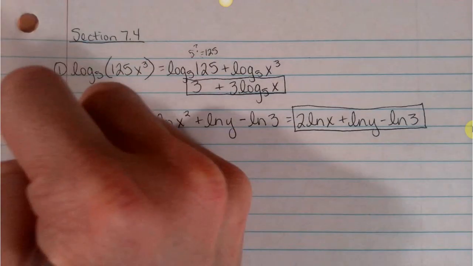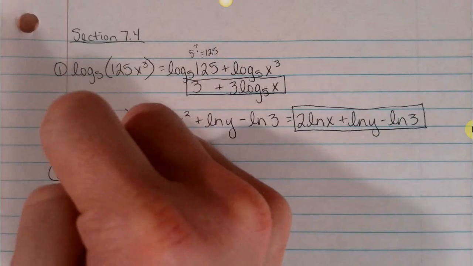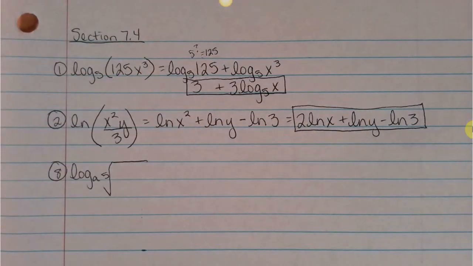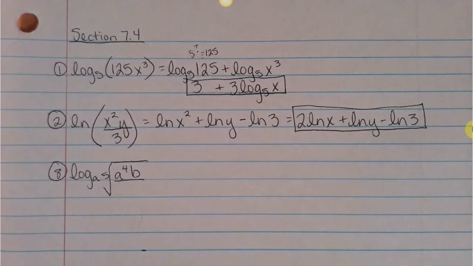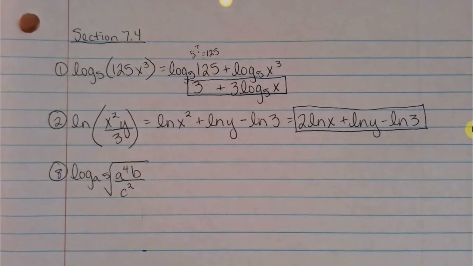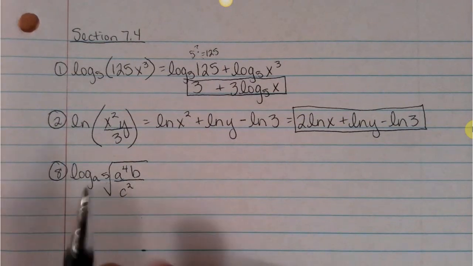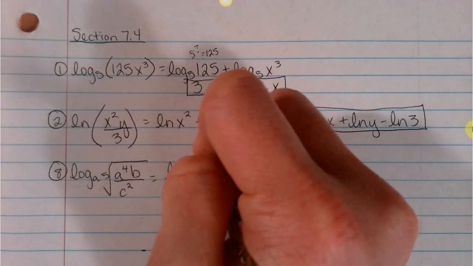Number 8, we have the log base a of the 5th root of a to the 4th b over c squared. Alright, so the first thing that I'm going to do is rewrite that 5th root as an exponent of 1/5.